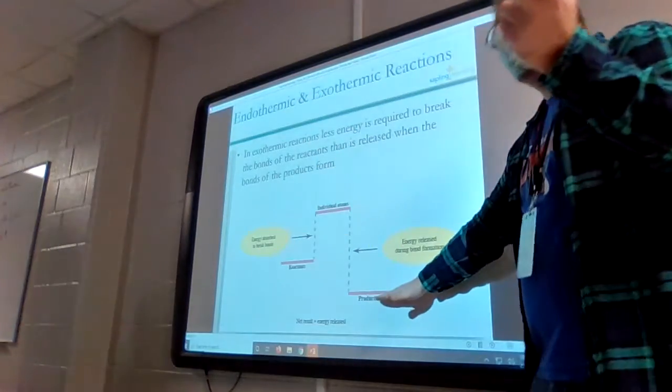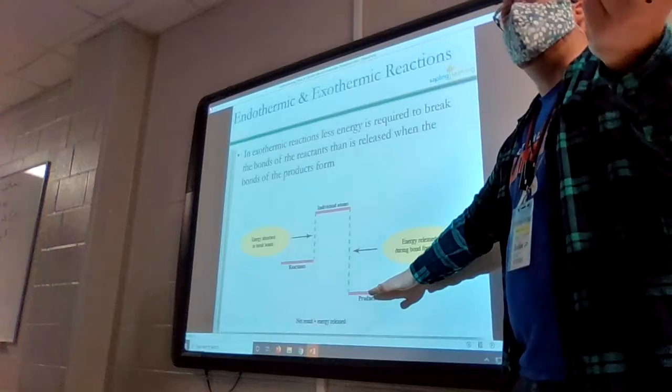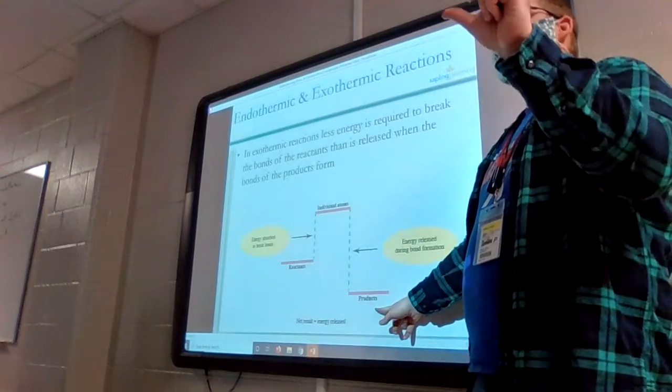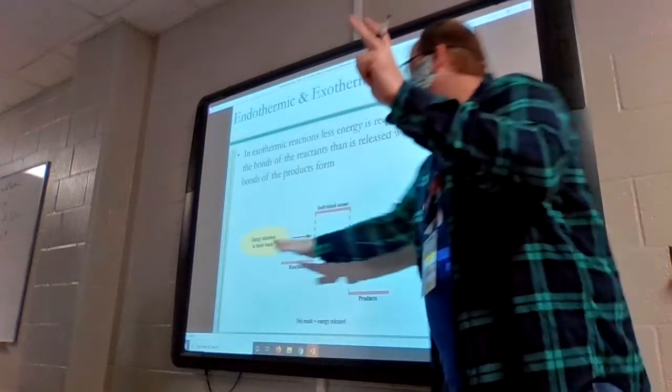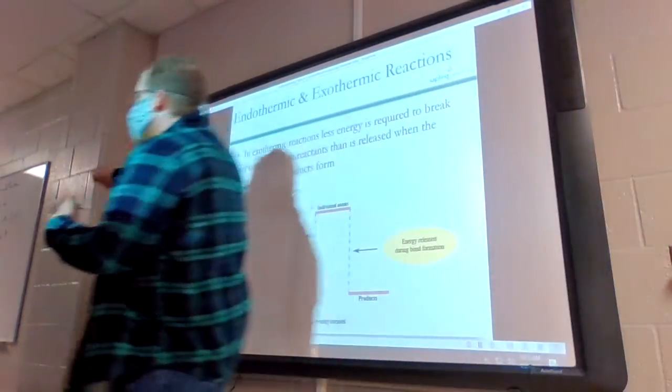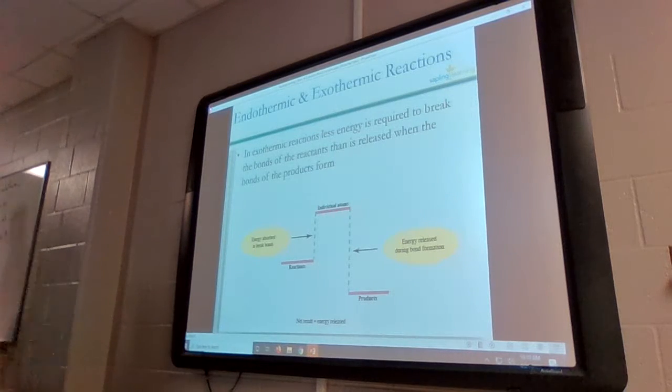At the end, my energy level is lower. So from start to end, I went down. That means I'm exothermic. What I'm looking for is the chart that overall goes down from left to right. That's going to be the exothermic chart.